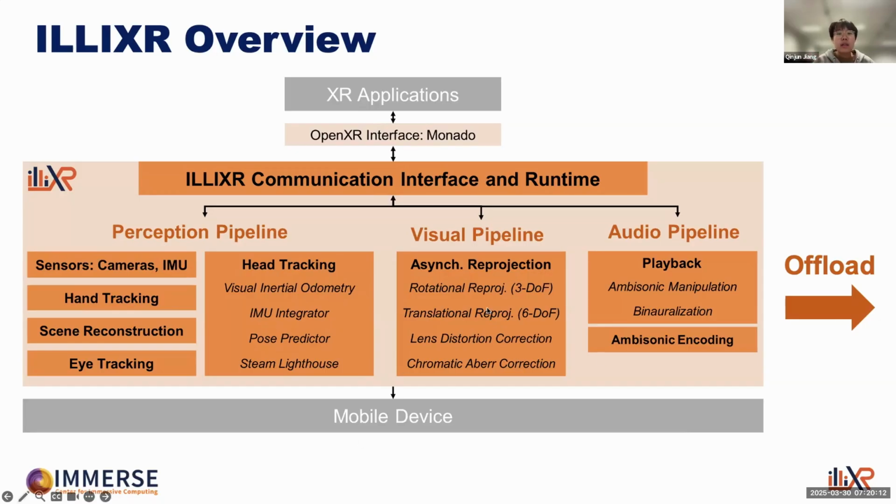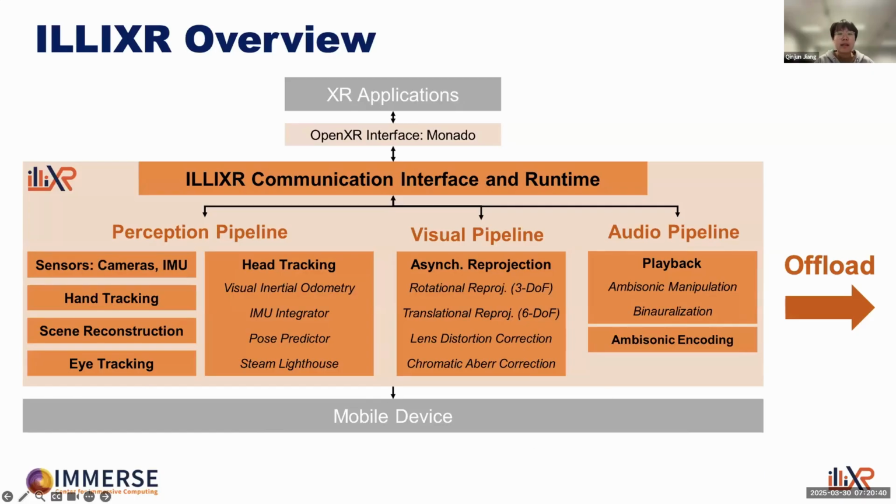In the middle, you can see ILLIXR, which is a combination of a communication interface, a runtime, and a collection of components. These components can be divided into three pipelines. The first one is the perception pipeline, which is responsible for understanding the user's position and orientation in the physical world, and also the user's surroundings, through many sensor inputs.